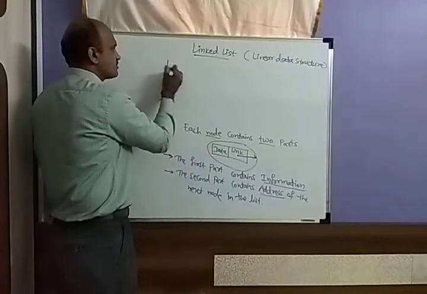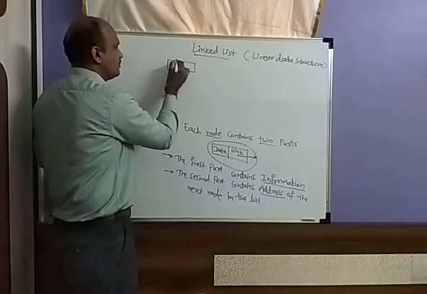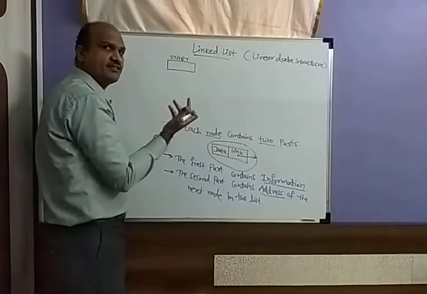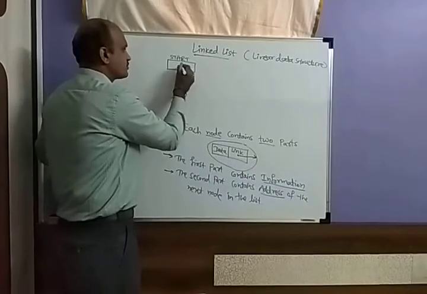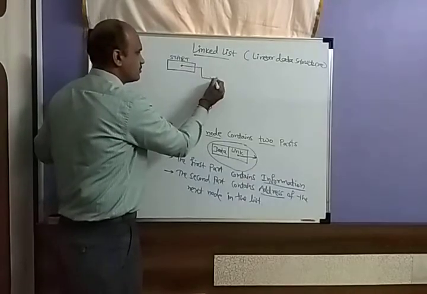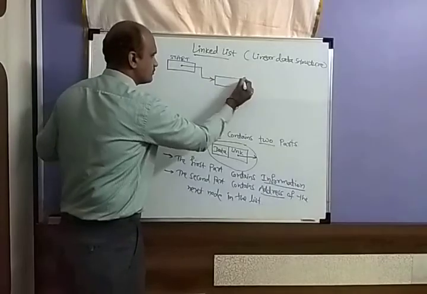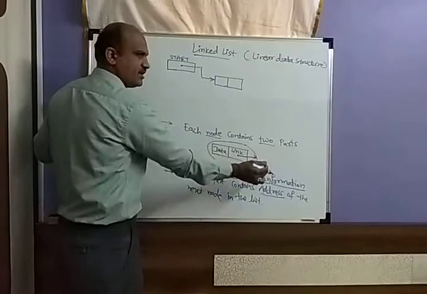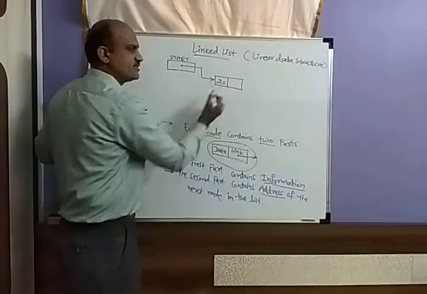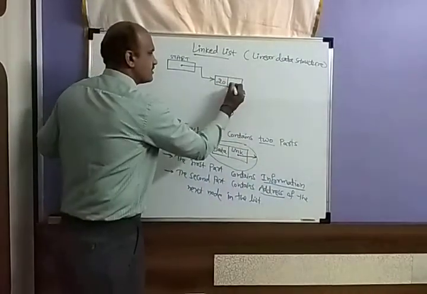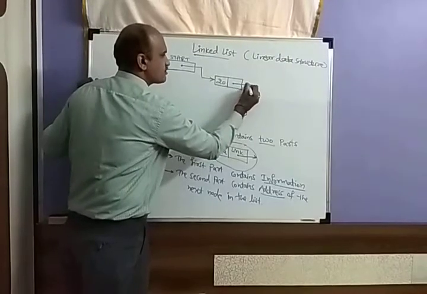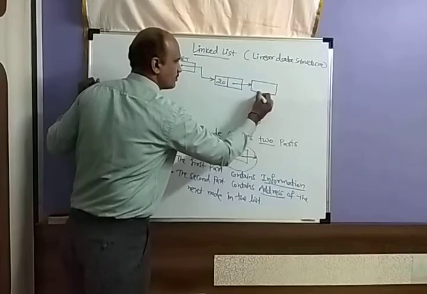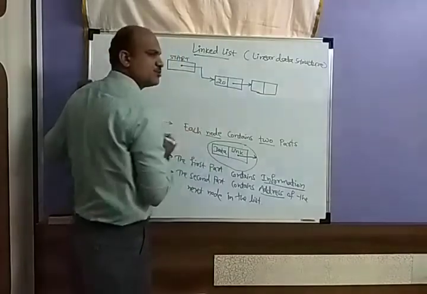It is always with the start, or you can call it the head. So start, then connect to one node. This is a node. One part is the data, which means information; we give the element as information. Then the pointer connects to the next node, which again has two parts.